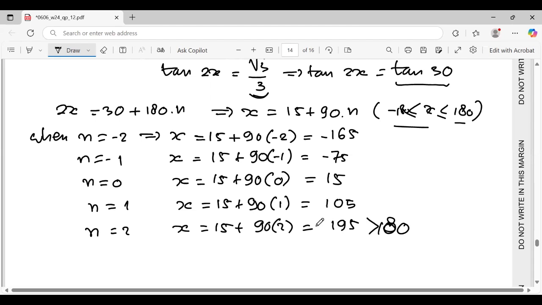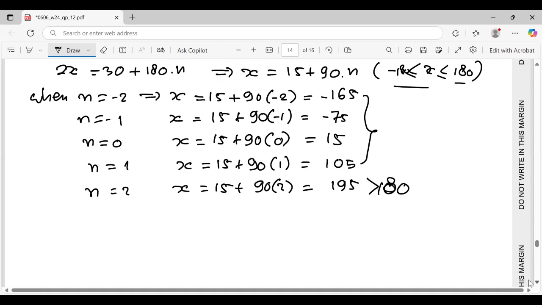So the solutions are minus 165, minus 75, 15, and 105. So the valid values of x are minus 165, minus 75, 15, and 105. Next question.